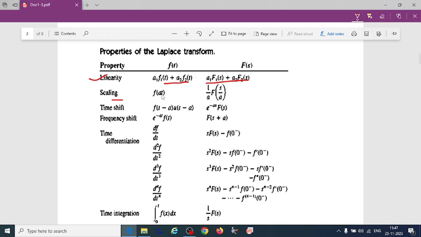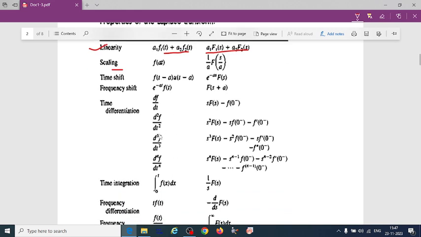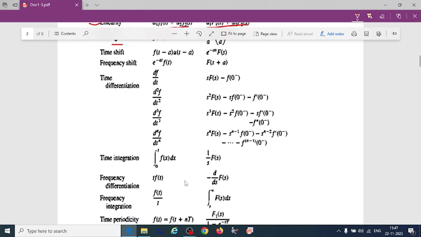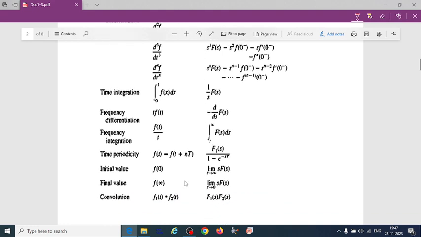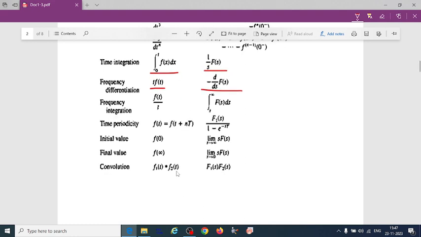So I have written all the properties. Okay, Laplace transformations. You just have to practice these properties. Then you can solve the given problem, or you can understand the given problem, if you understand these properties. Okay.